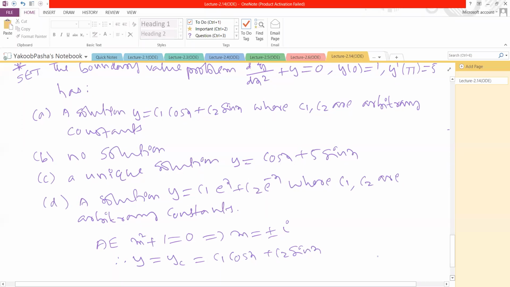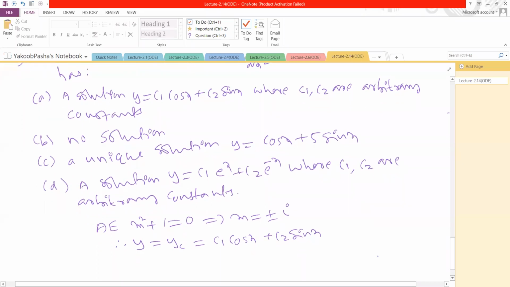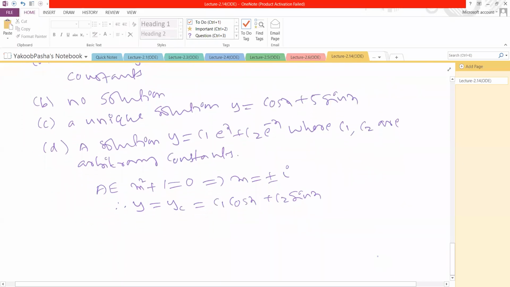Now y is equal to c1 cos x plus c2 sin x means y of x is equal to this value. y of x is equal to c1 cos x plus c2 sin x. Now differentiate with respect to x. We get y dash of x, that is equal to minus c1 sin x plus c2 cos x.